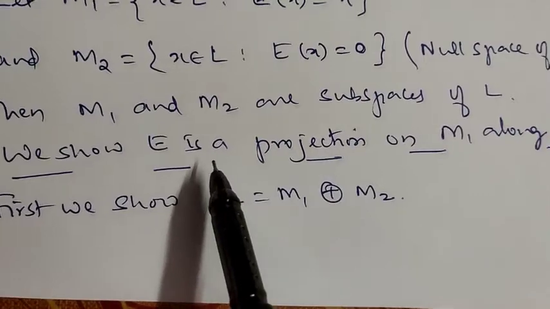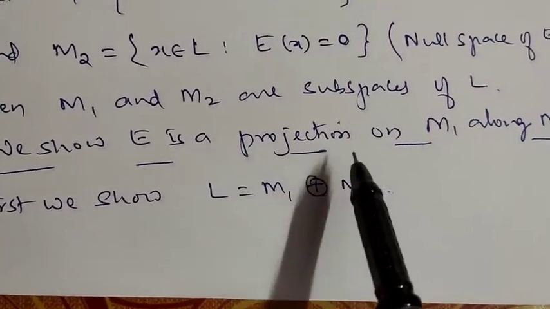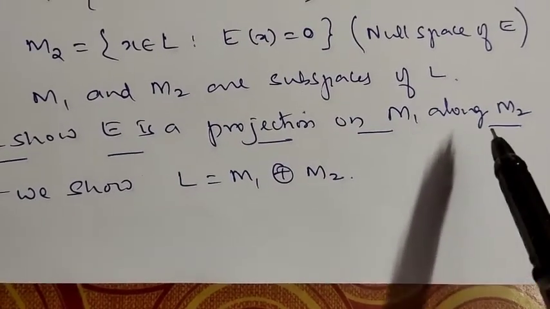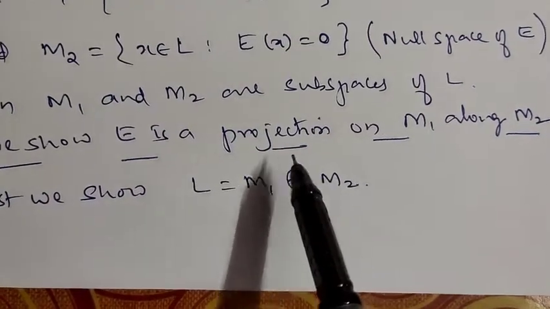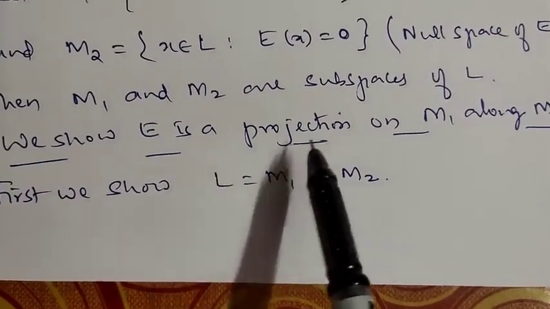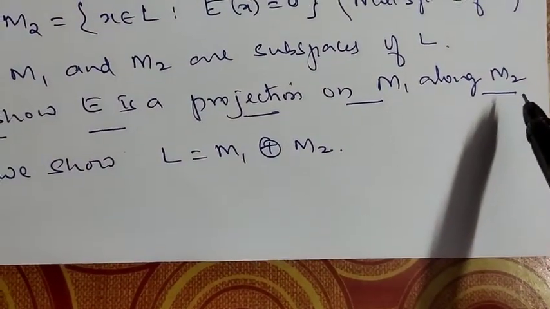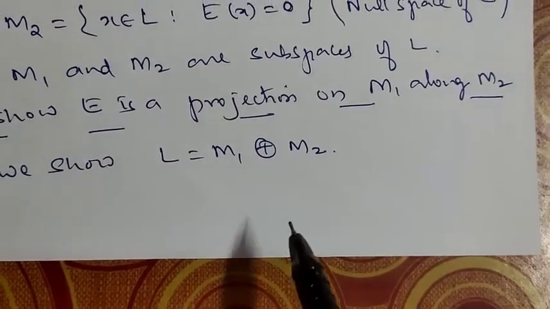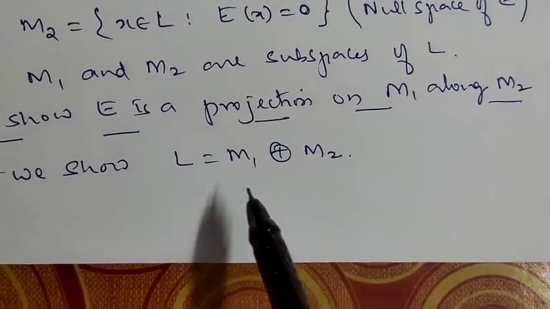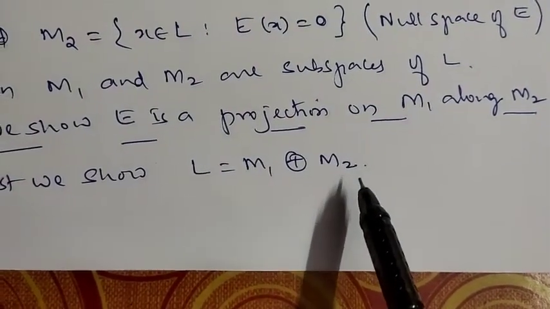Now we show E is a projection on M1 along M2. Actually our aim is to show E is a projection, so we are going to show E is a projection on the subspace M1 along M2. For this, first we have to show that L is the direct sum of M1 and M2.